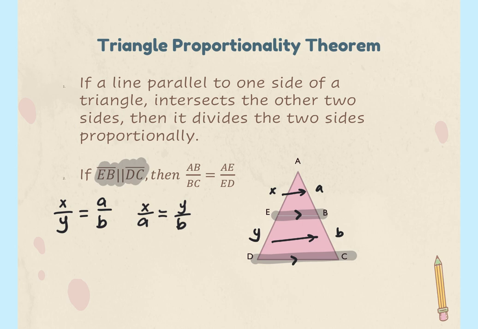I could flip it and go Y over X and B over A, or B over Y and A over X. You just can't crisscross these. I can't put X over B and A over Y, okay? But technically for each of these, there are 4 ways to set up a ratio. Because I can go left, right, top, bottom, bottom, top, or right, left, okay? You just can't crisscross.